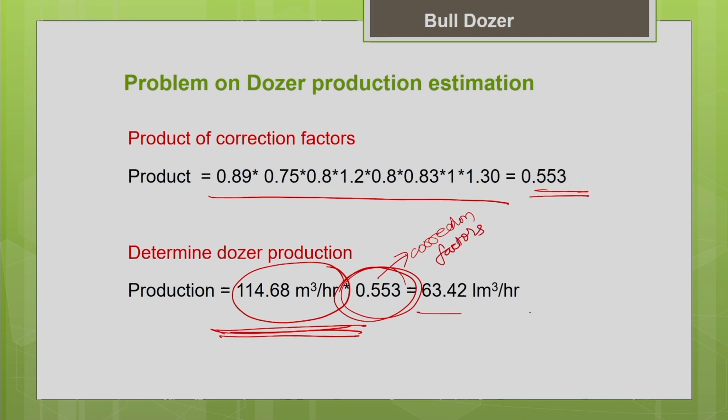That gives the corrected productivity value as 63.42 loose meter cube per hour. So hope you understand. For the ideal condition, the productivity is very high, but when you adjust it according to your project condition, you can see that the productivity got reduced significantly, 63.42 loose meter cube per hour.